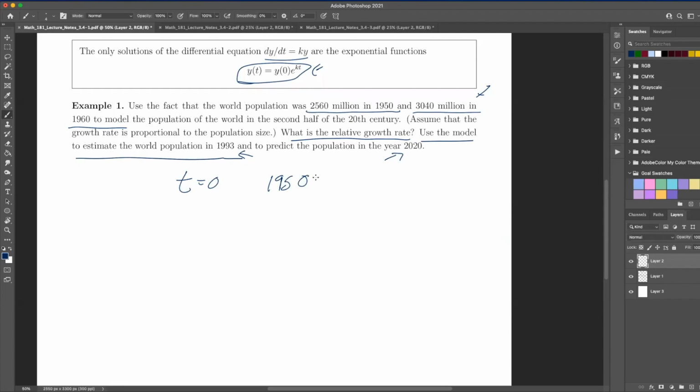You say the first time you know the population, that is time equal to zero, quote unquote, right? So here we're just going to use time equal to zero as 1950. So that means y of zero, my initial value, is 2,560. And so here we can write y of t is equal to 2,560 e to the k, and I don't know what t is, but here we're going to plug in.